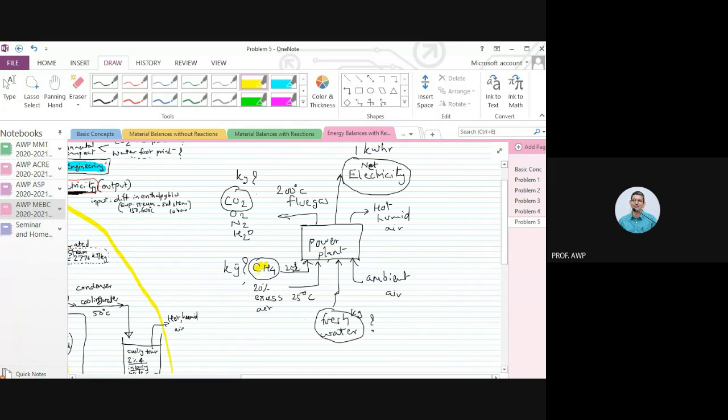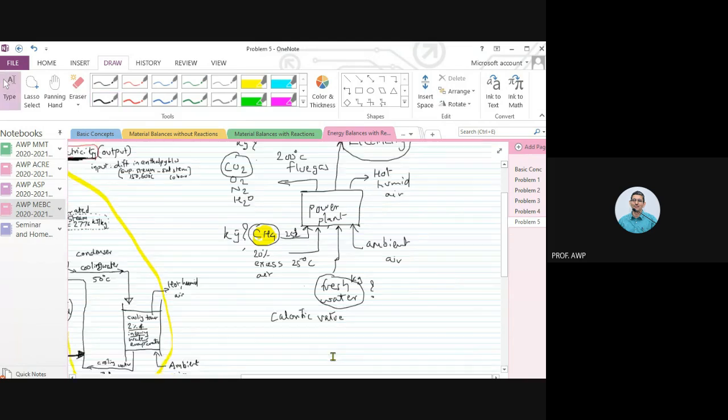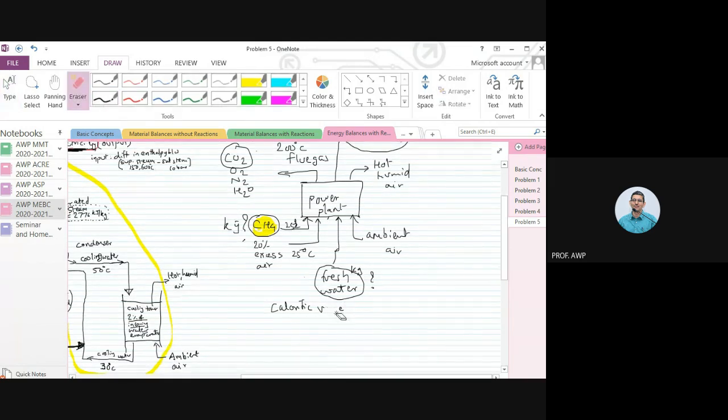This methane that we have used, the calorific value of that methane is what has generated the electricity. It has converted the heat of combustion, which allowed us to generate steam, superheated steam, which allowed us to drive the turbine, which allowed us to generate the electricity.